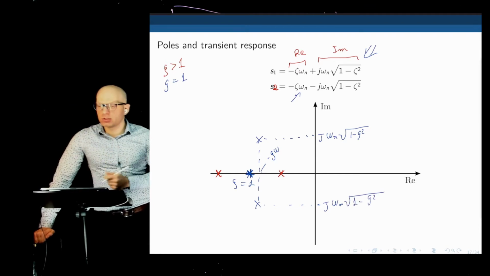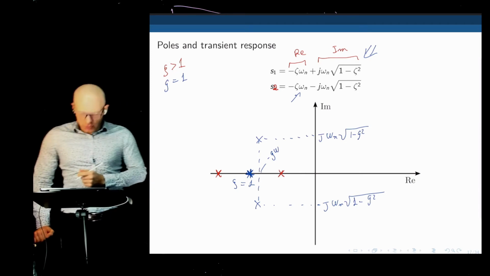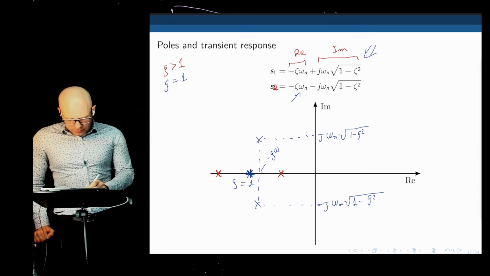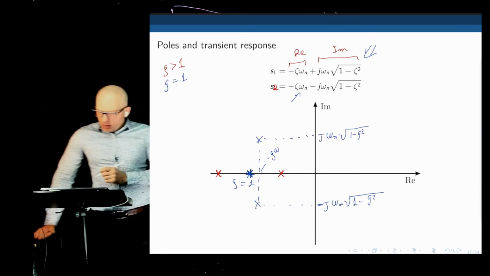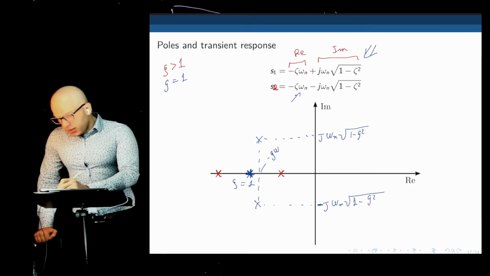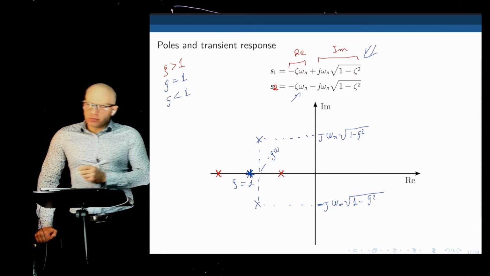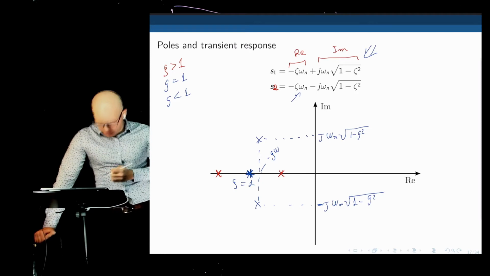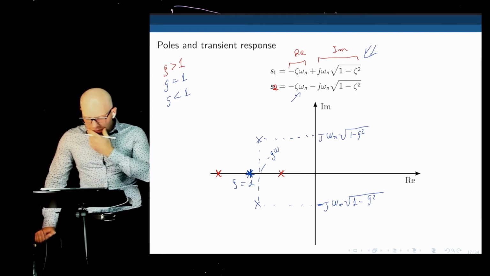One is positive, one is the complement of that, the complex conjugate of that. And the system now, when zeta is less than 1, is said to be underdamped.